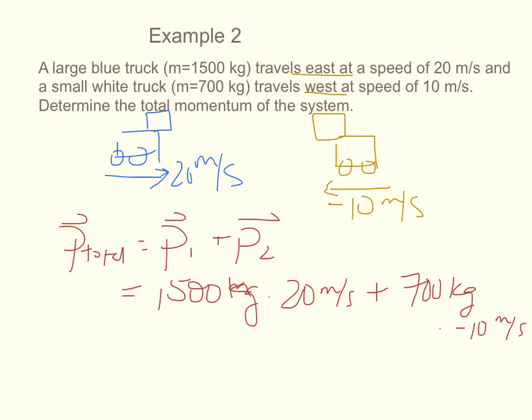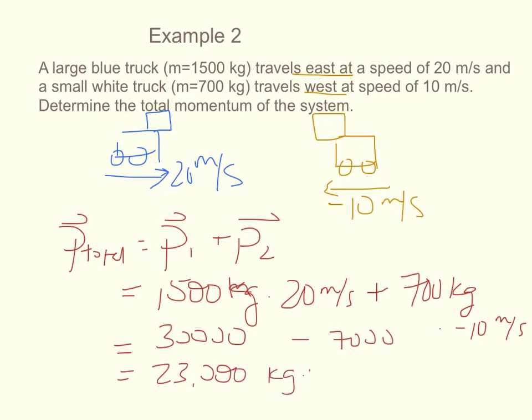So the total momentum then becomes 30,000 minus 7,000, or a total of 23,000 kilogram meters per second. And so that's that.